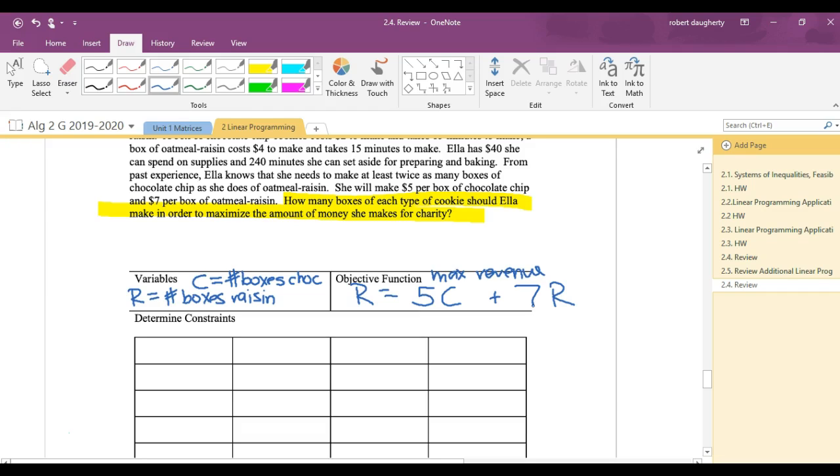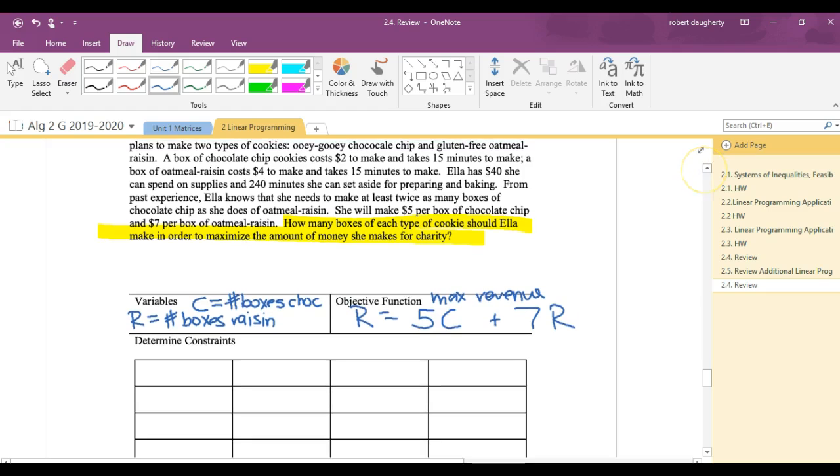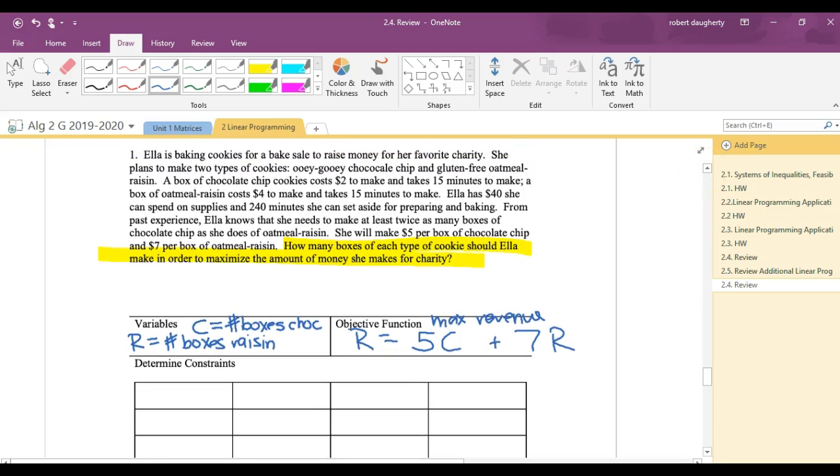Now, what are my constraints here? Okay, so my constraints. It looks like the constraints have to deal with time. Okay, so it looks like time that I have to make them. And cost, okay?